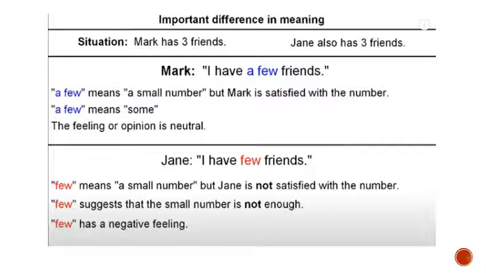A few means not many, but enough. While few means not many, not enough. So, in the first situation, Mark has got some friends, so he is satisfied with the number of his friends, so he has got enough friends.